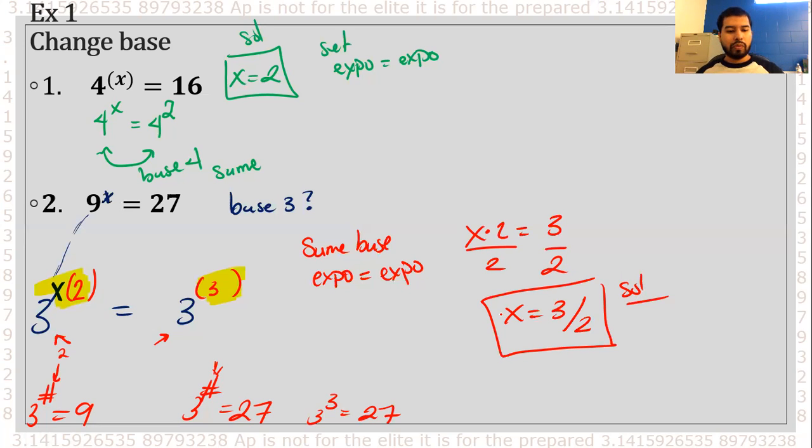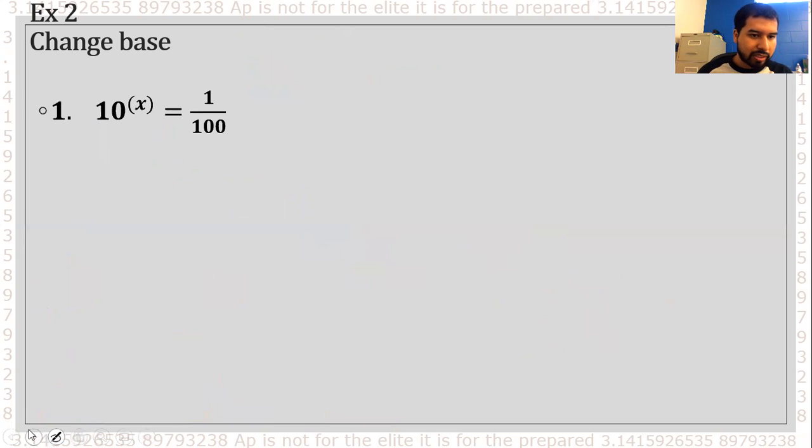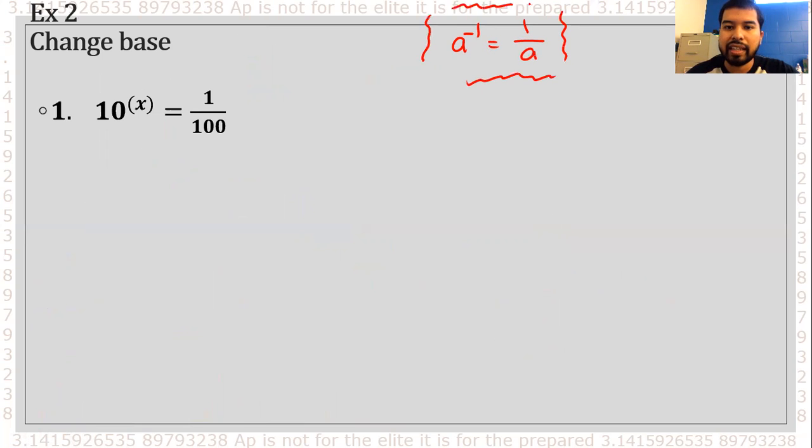Okay, hopefully that wasn't that bad. So let's go ahead and go with the next one. 10 raised to the x equals 1 over 100. Keep in mind, this right here is going to use the property of the reciprocal, which tells us that if for some reason you have an exponent that is a negative number, a negative 1 in this idea, is going to make it go to the denominator.